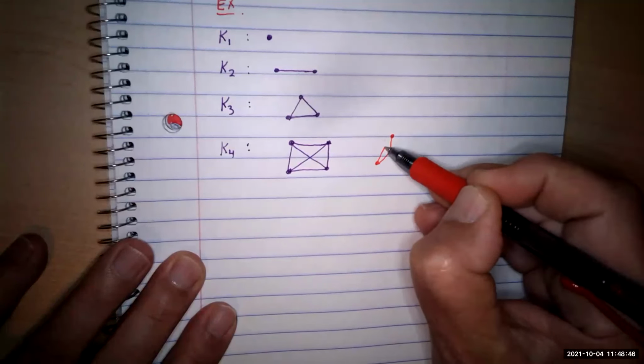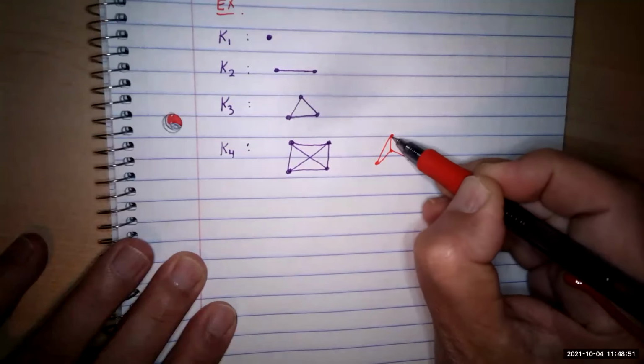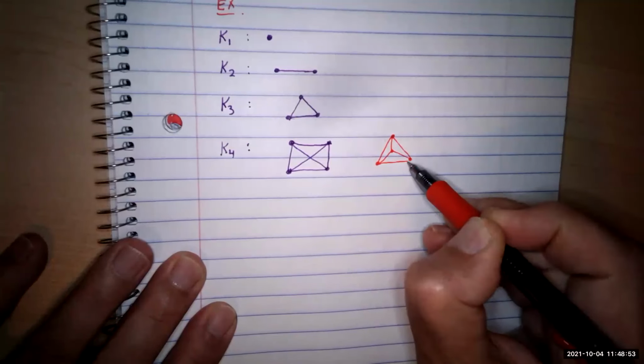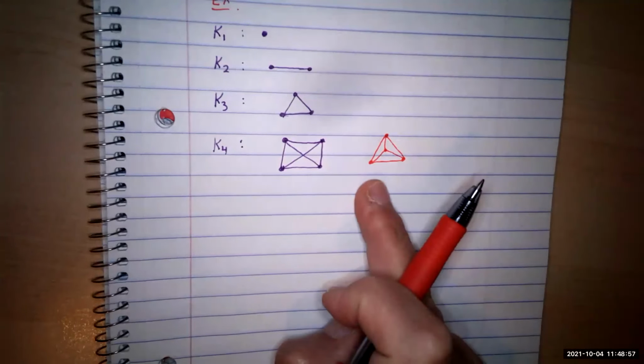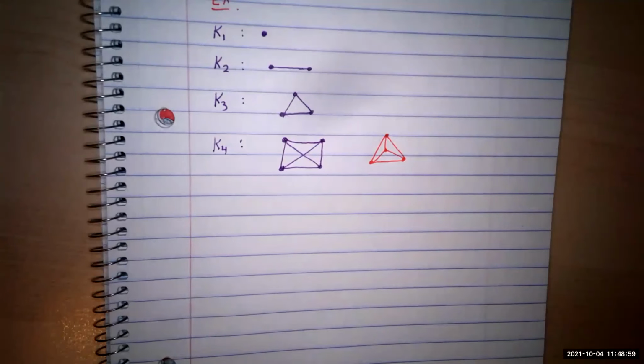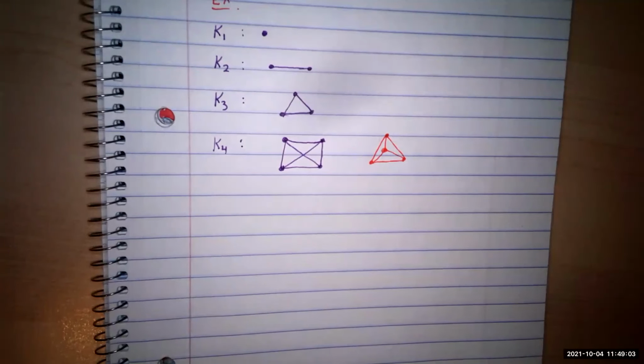This is the famous K4. The degree of each vertex is 3, K4.